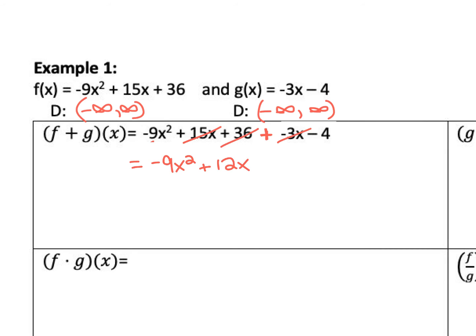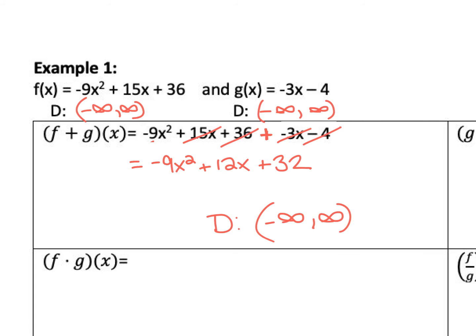And then I have 36 and minus 4, which would be positive 32. I have no more like terms, so here is my new function. It is also quadratic. Now, to state the domain, I always think about the intersection of my two original domains. Well, where do negative infinity to positive infinity and negative infinity to positive infinity intersect? It's going to intersect for all real numbers, okay?